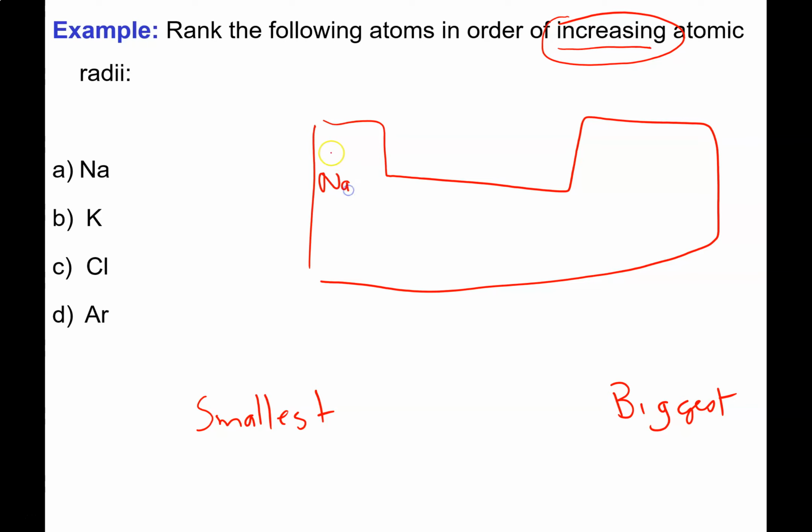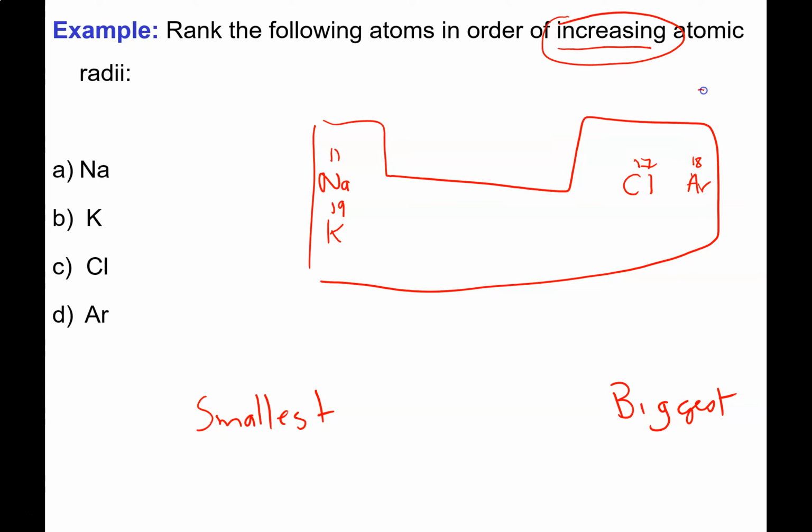Sodium is element number 11. Potassium is element number 19. It's in the row below sodium, so potassium is going to be bigger than sodium. Chlorine is in the same row as sodium, but it's way over on the right. And then argon is also in the same row as sodium and chlorine, but it's a little further over to the right.